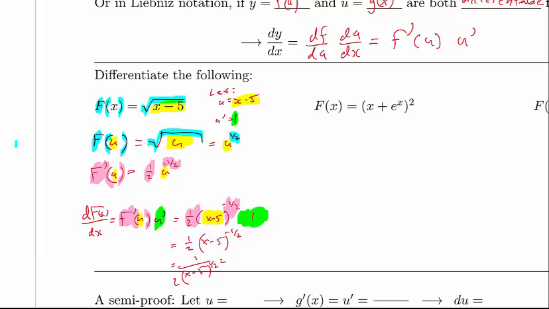Or you could even write this as 1 over 2 times the square root of x minus 5, right? And those are all equivalent ways to write the same thing. I'm not really partial to any one of these three. It kind of all depends on the context, what's the best one to report. But you should be comfortable with any of these notations. Just make sure you know that they mean the same thing.